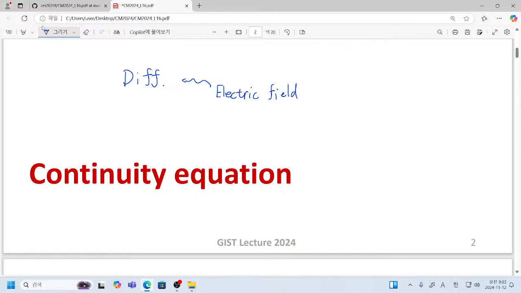In order to introduce this, we had to introduce another term called drift, which was related to the gradient of the electrostatic potential. This is related to the electric field. That was done in our previous process simulation, diffusion simulation.